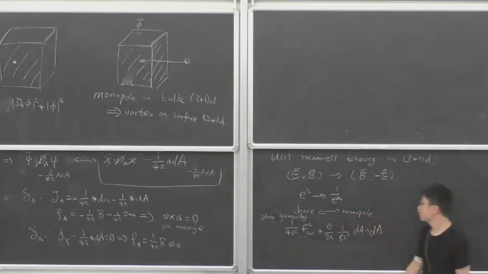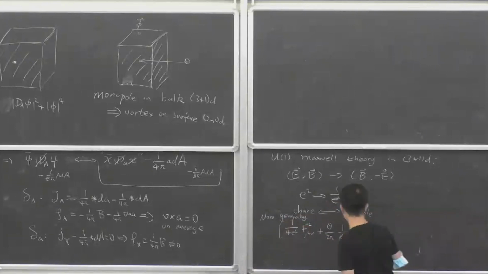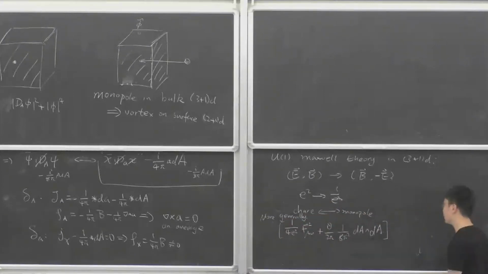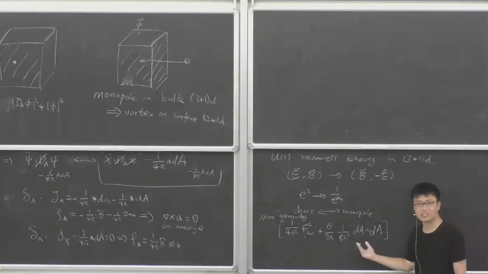This is the general U1 gauge theory, how I write a general pure U1 gauge theory in 3 plus 1 dimensions. And when I have the theta term in a U1 gauge theory, it's a total derivative, so dynamically it doesn't really do anything. It doesn't change my propagator or anything. What it does change is the spectrum of my excitations.